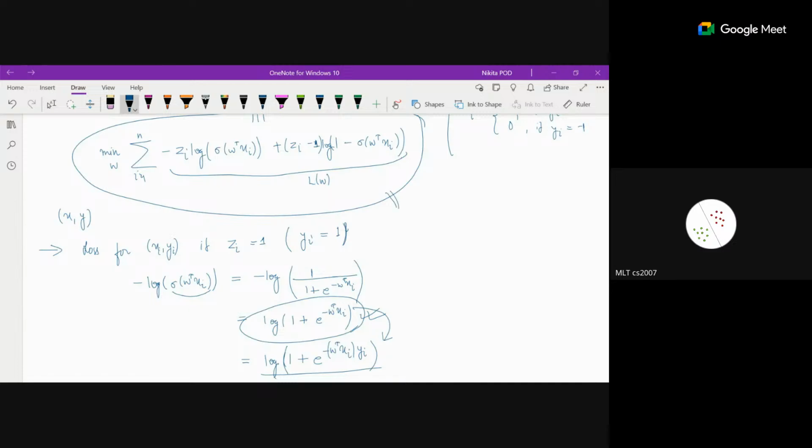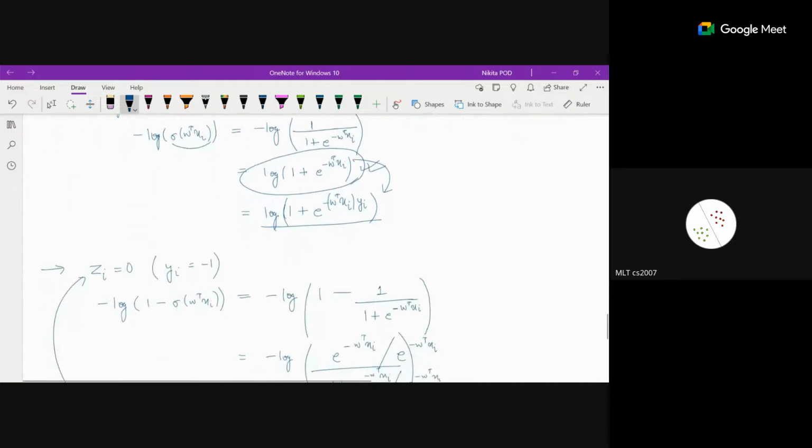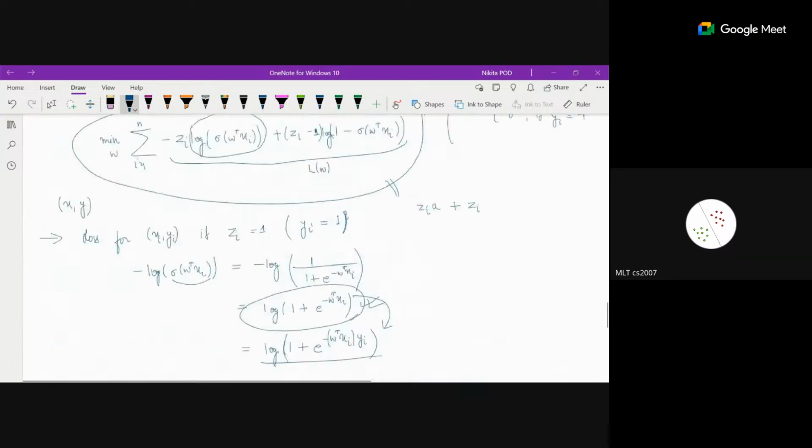So if I just write what is inside, it is more like minus of Zi times, because it is giving you the same expression, we can write this as some a, plus Zi times log of this is going to be minus of this, right?